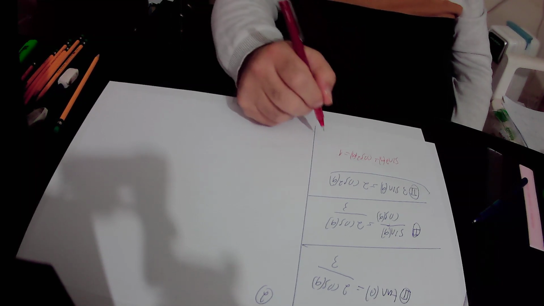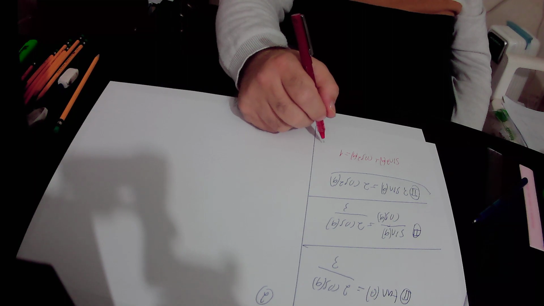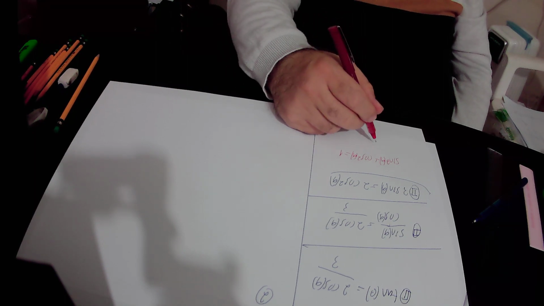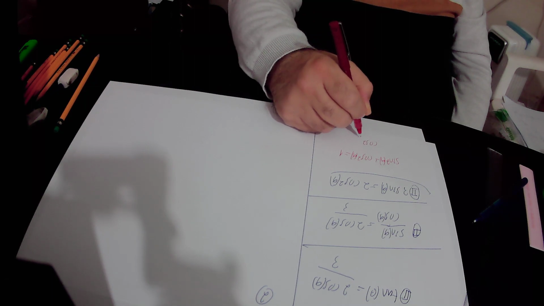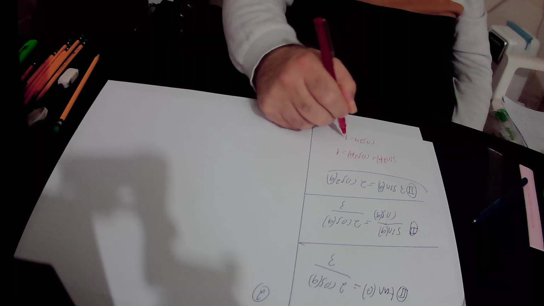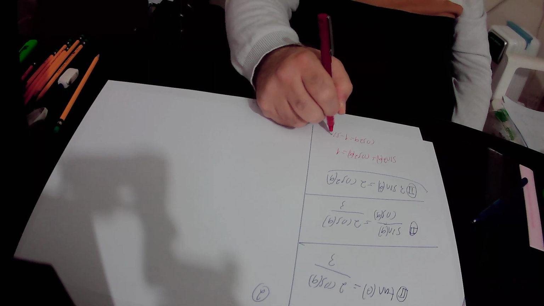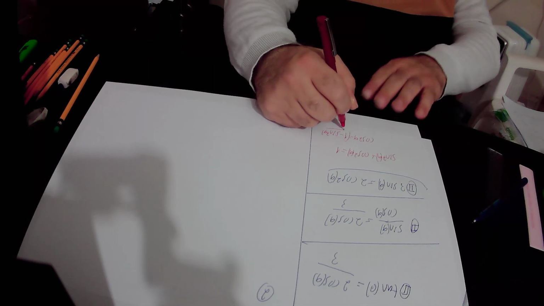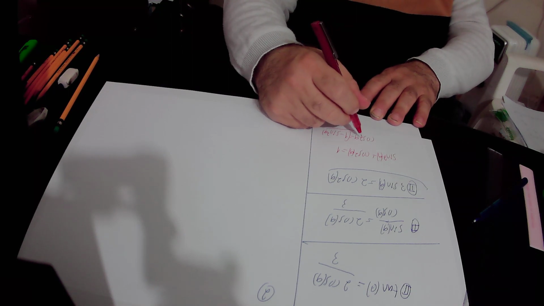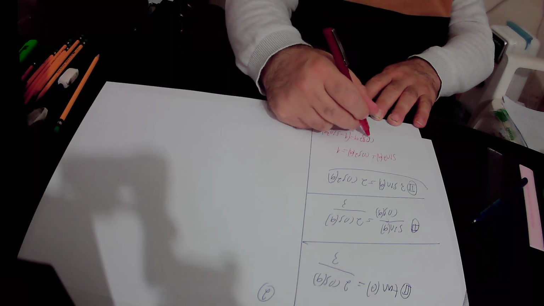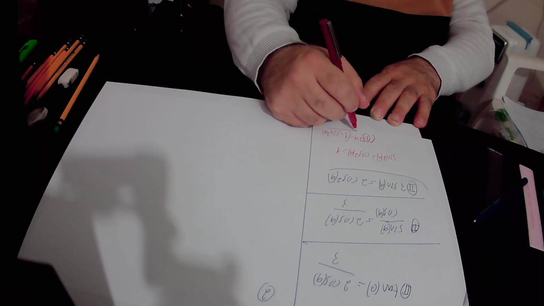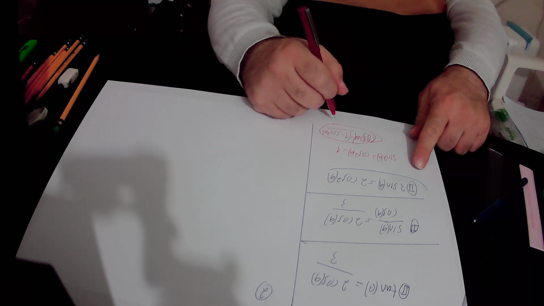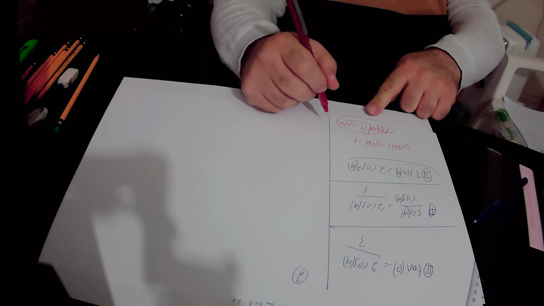We will subtract sine square alpha from this identity, and we will get that cosine square alpha equals 1 minus sine square alpha. Now we can substitute cosine square alpha in equation number 2 by 1 minus sine square alpha.